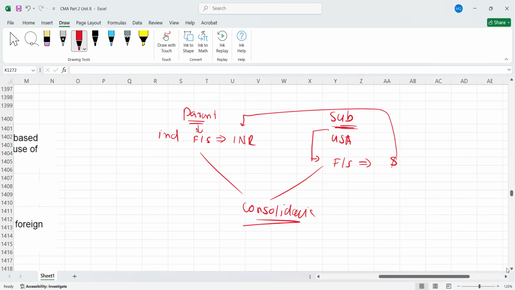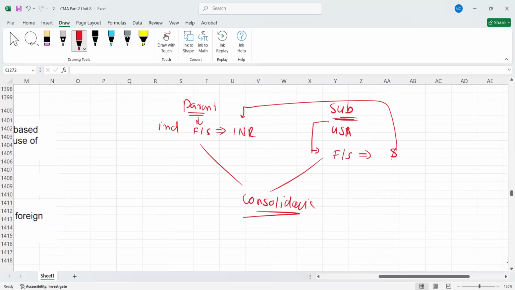Let me quote the example here. For example, this USA company has one asset, and the asset value is denominated in dollars, that is $1,000. In year one, the exchange rate was $1 equal to, for example, 60 Indian rupees.